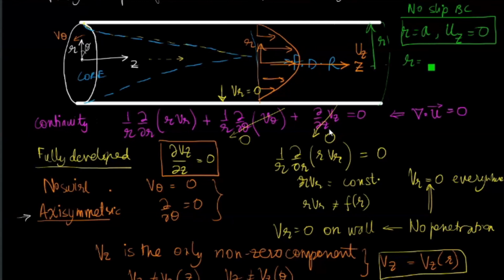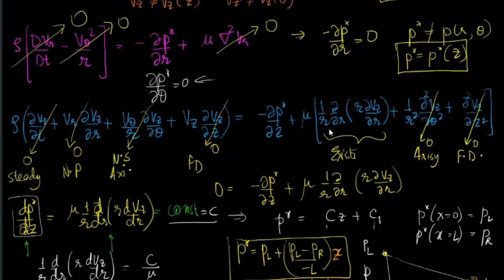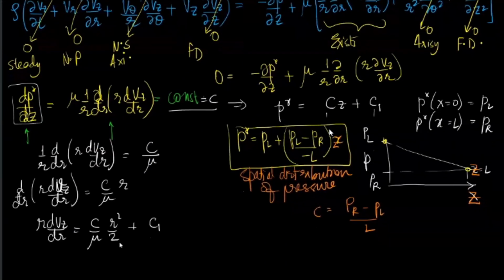And at R equal to 0 you expect del uz del R to be equal to 0, and uz has to be bounded. I mean, that's a condition we will quickly run into.